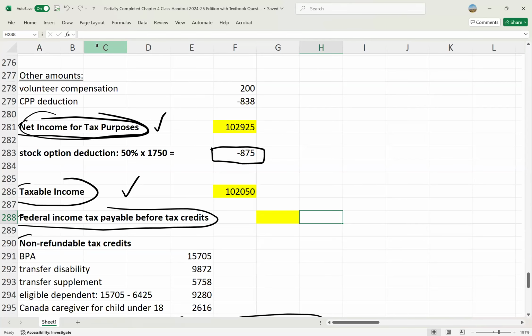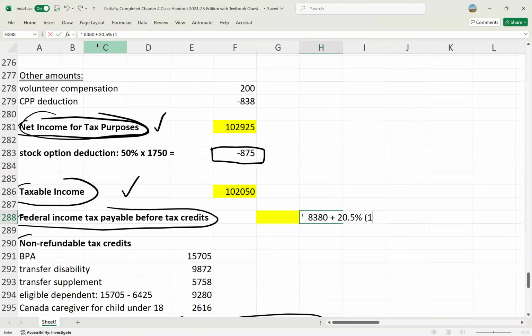Once again, if you look at page 1 of your rates table, figure out which row you're in. We're going to be in the row where taxable income is over 55,867. So when we're in that row, we take 8,380. And then the amount over that will be at 20.5%.